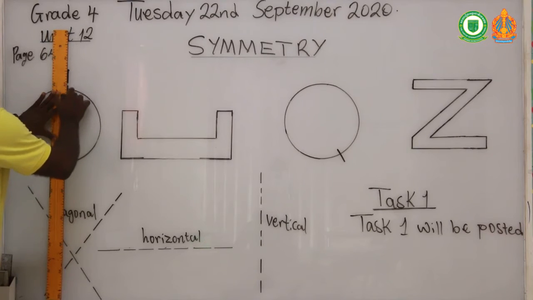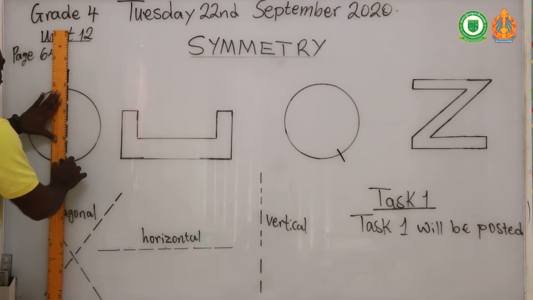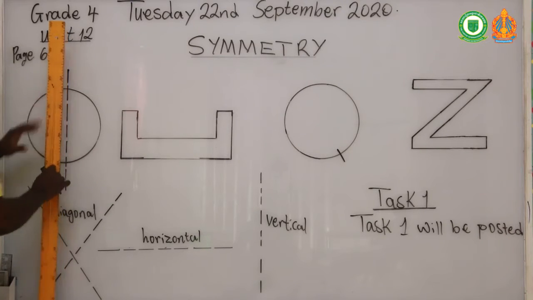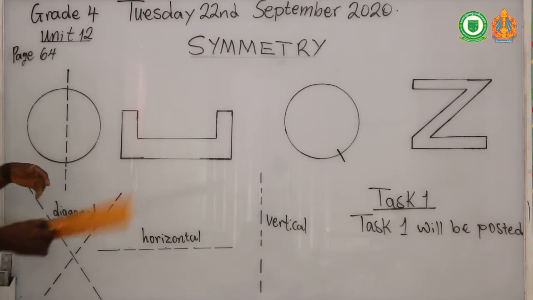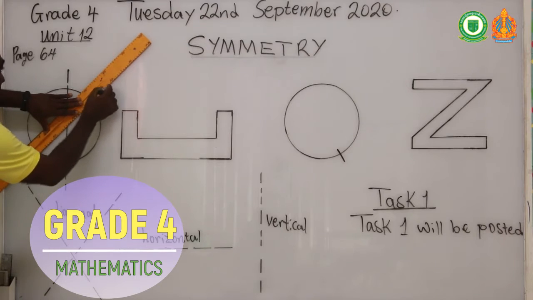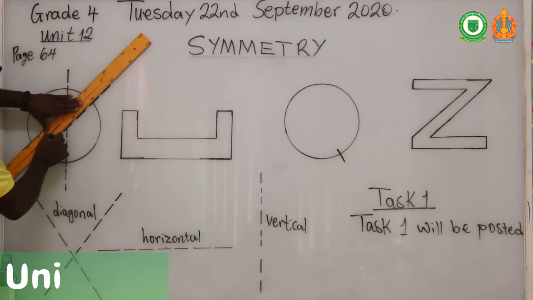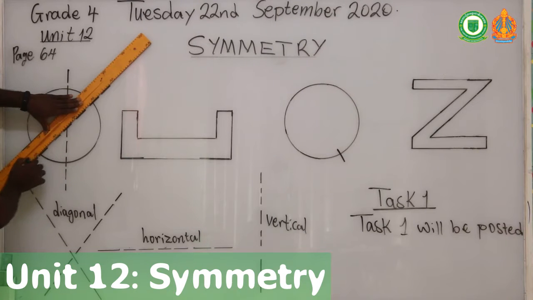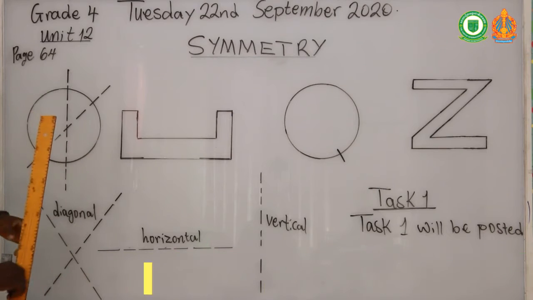So we can put a vertical line of symmetry and we will have equal halves. We can also put a diagonal, and it's also possible as a line of symmetry.